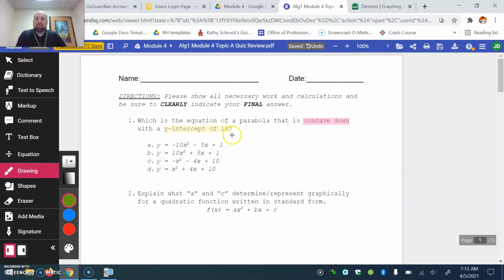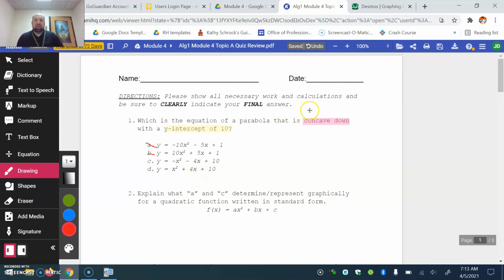The y-intercept of 10 means the last number, the constant, c, is 10. So I'm automatically going to eliminate A and B because they end with a 1 and not with a 10.